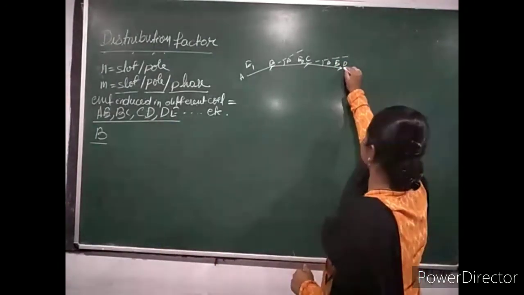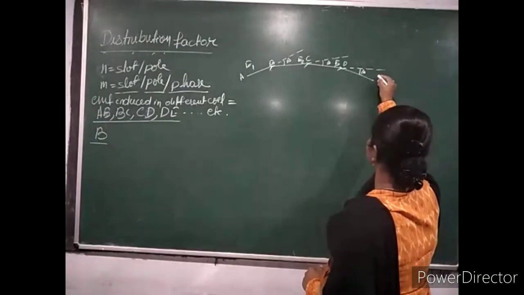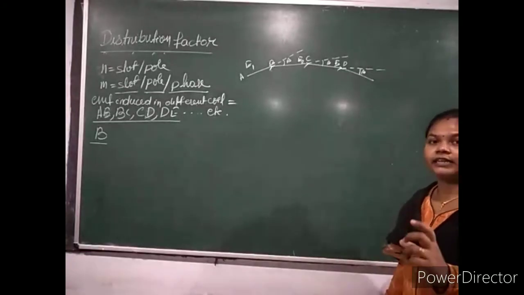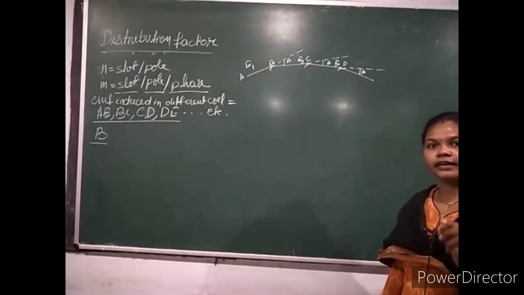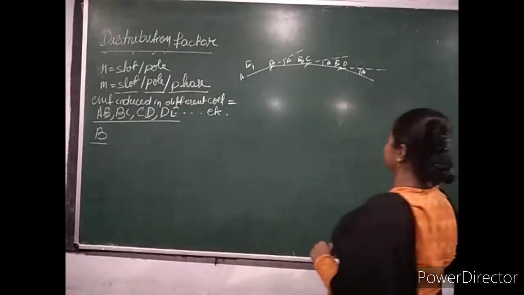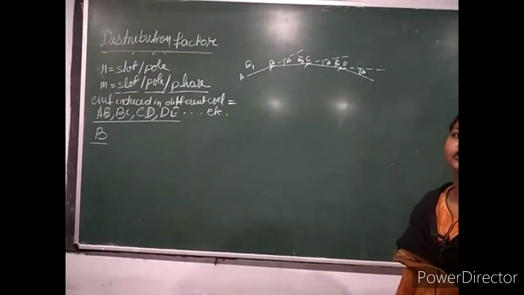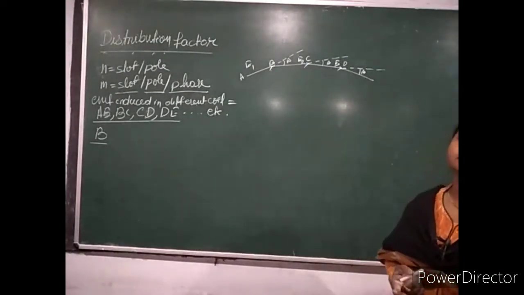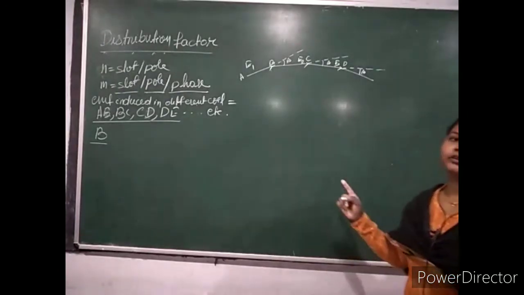Next again at a phase difference of beta, another EMF DE is induced in the different coil, under one pole of one phase in a distributed winding. So never be confused. If you are confused, you are unable to learn this phasor diagram. So first you have to be clear about distributed winding and concentrated winding, then only you get it.